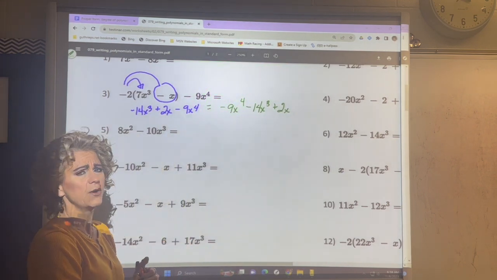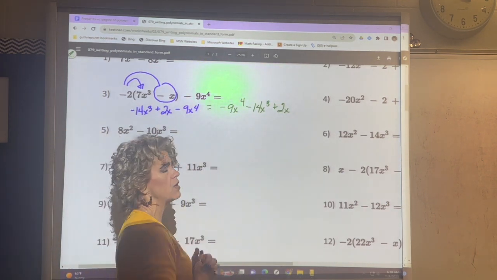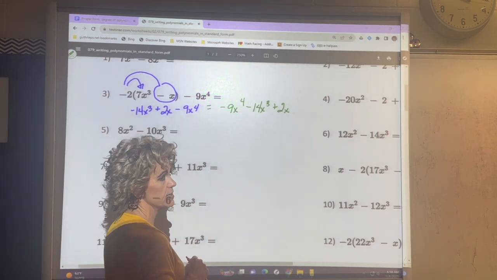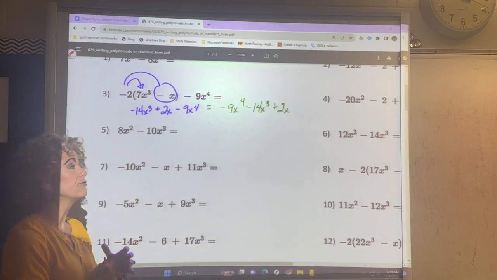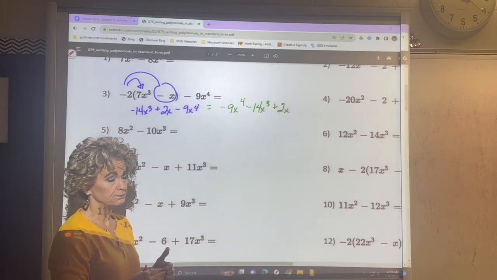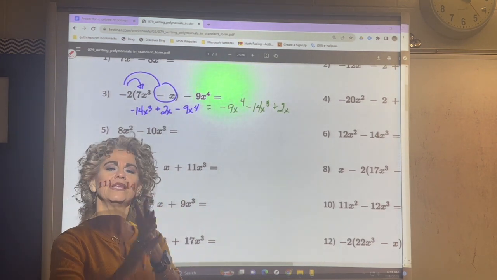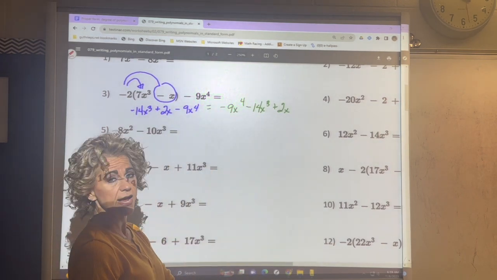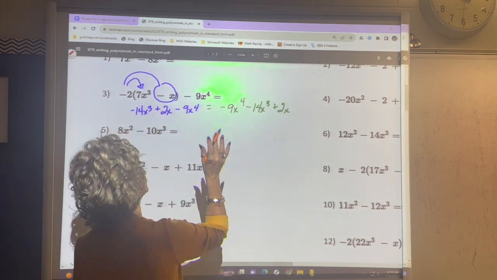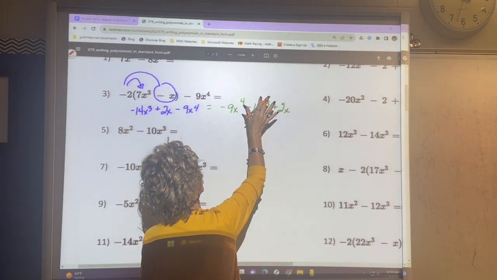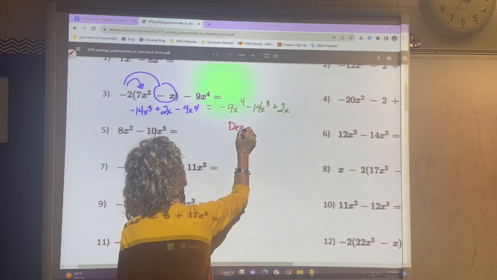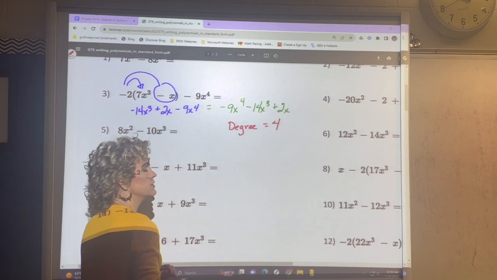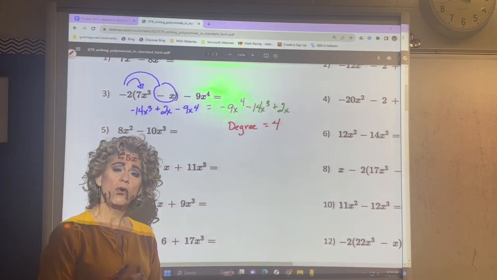So we've done our first I will statement. I will write a polynomial in proper form. Now, once we have written it in proper form, the degree and the leading coefficient is easy. The degree, look up there. What's the highest exponent? 4. So this particular polynomial has a degree of 4. Now, the leading coefficient.